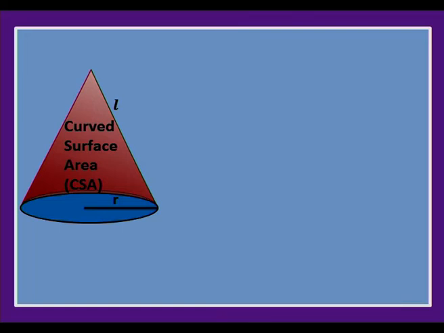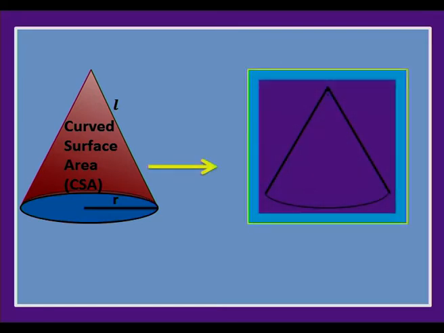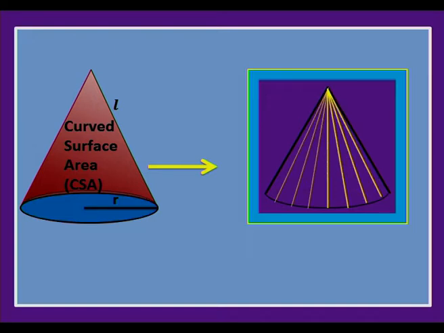So, here we have taken a cone with slant height L and radius R, and when we cut open this, we got a sector. Now, children, I am going to divide this sector into some equal parts. Each is going to represent a triangle.